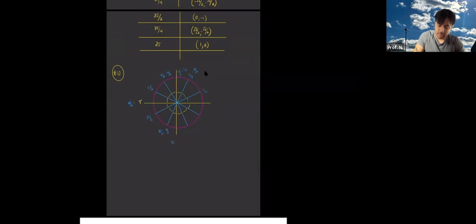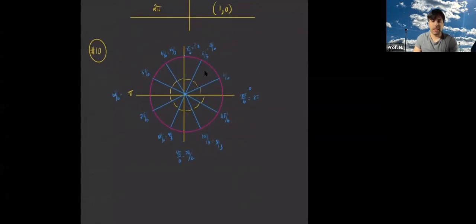This is 9 pi over 6, which is equal to 3 pi over 2. This is 10 pi over 6, which is equal to 5 pi over 3. And this is 11 pi over 6. And this is 12 pi over 6, which equals back to 2 pi, or 0. Do you guys see that?